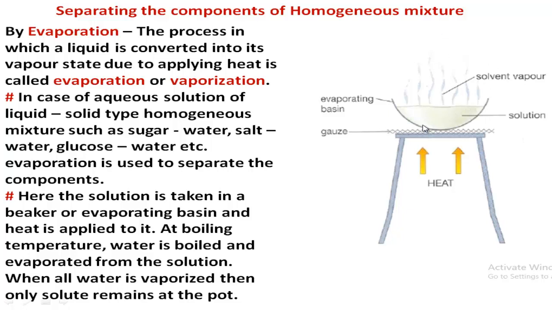That means it is removed from the mixture, and at one time we will see there is no solvent remaining, only solid particles will remain inside the basin. In this way, by the evaporation process we can separate the components from a homogeneous mixture.